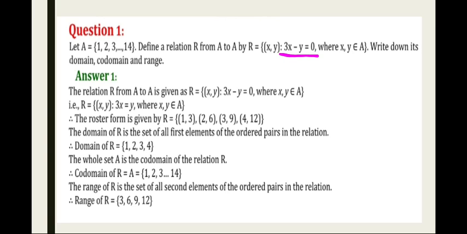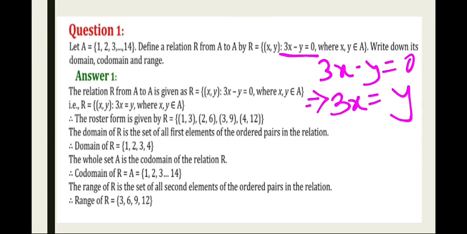You can write this equation as 3x minus y equal to 0, and here you can write 3x is equal to y. That means the second element has to be 3 times the first element to satisfy this relation. So, what is the condition? The second element has to be 3 times the first element.